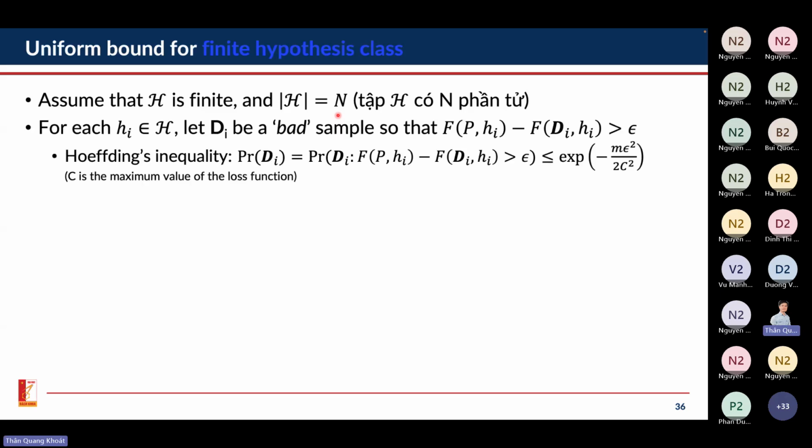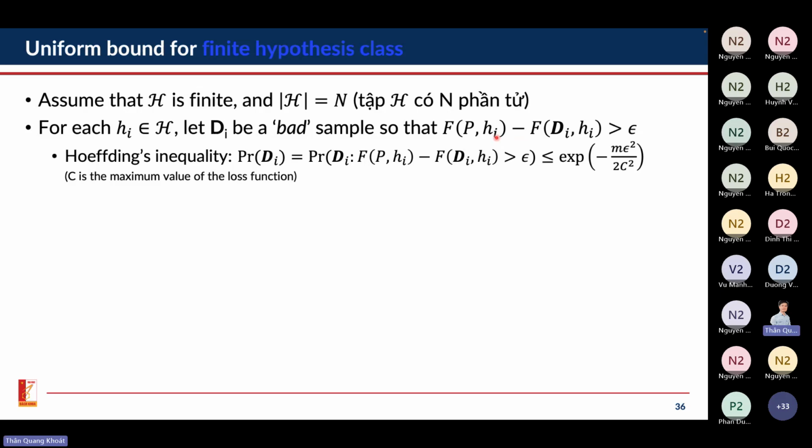Okay, so let's enumerate the bad data sets. For each member h_i in the family, we denote D_i to be the bad sample set so that this difference of error can be large, right?